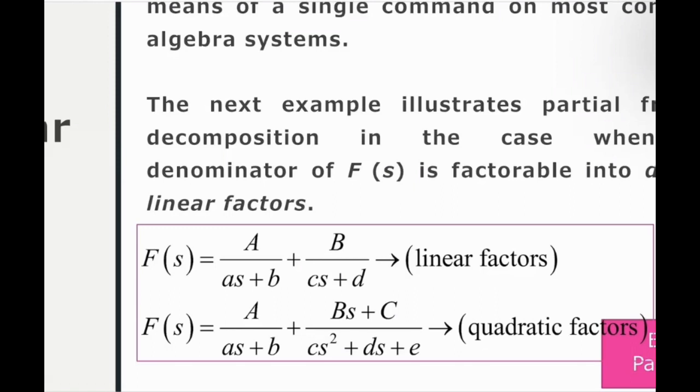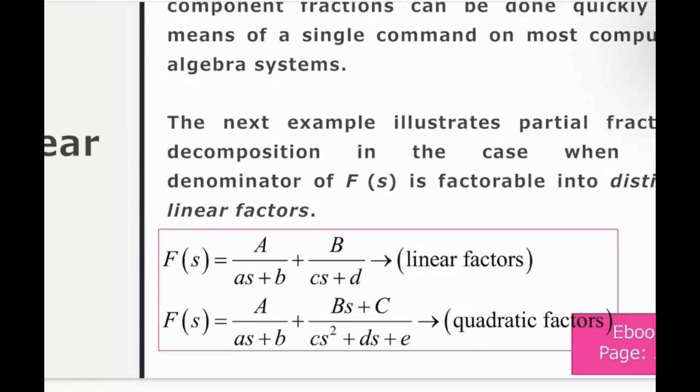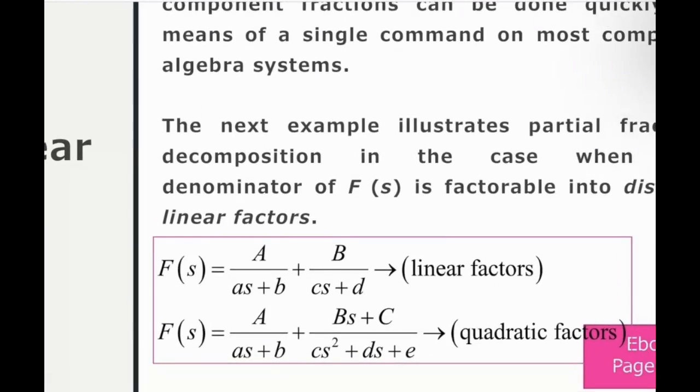So today we will look at a few different methods of how to decompose a fraction into partial fractions. For example, we have a fraction that contains a denominator as a linear factor.